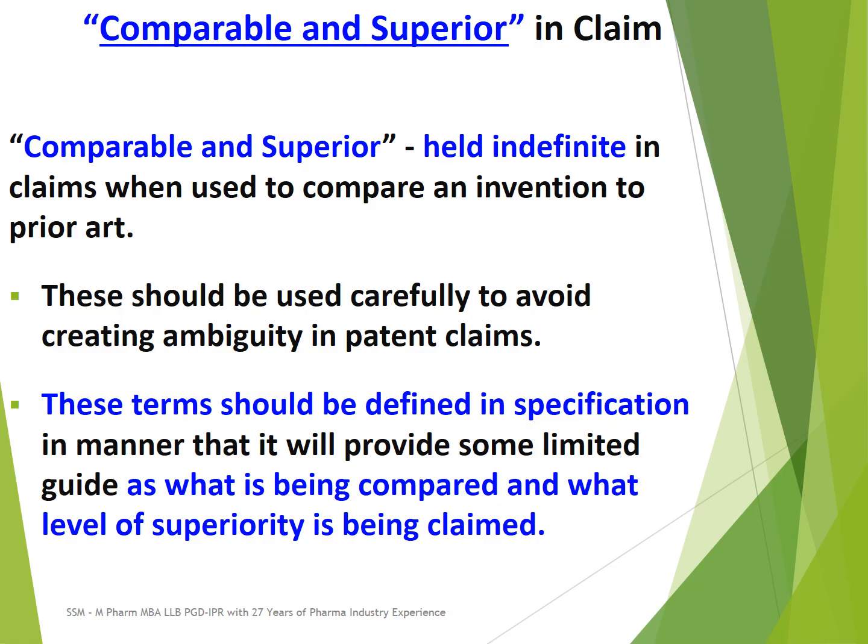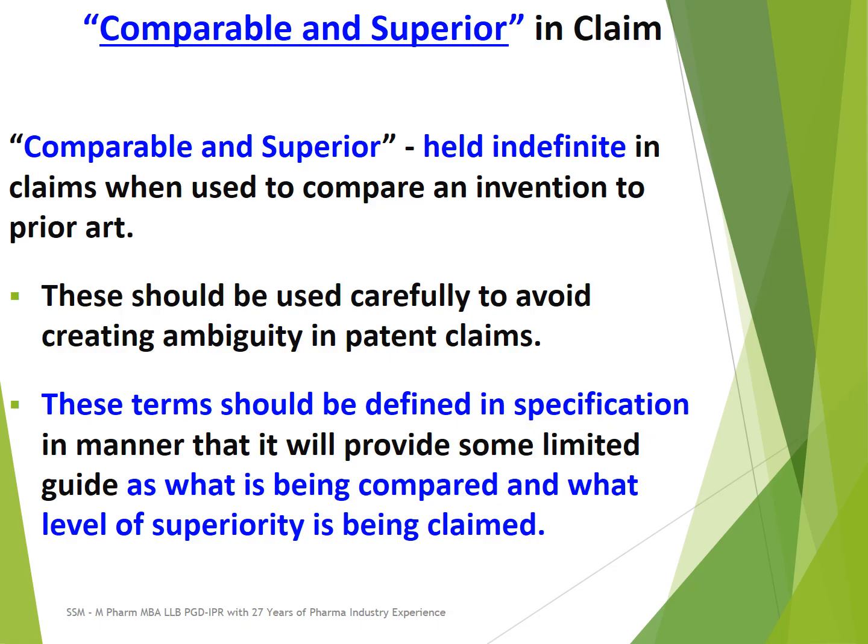So you need to explain these terms in the specification or description. All these terms are very important and courts have interpreted these terms as we have discussed in this presentation.